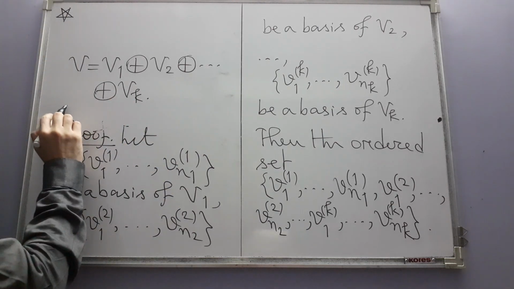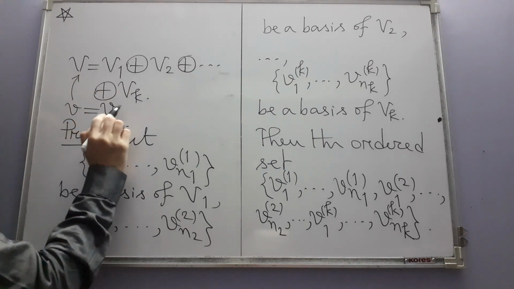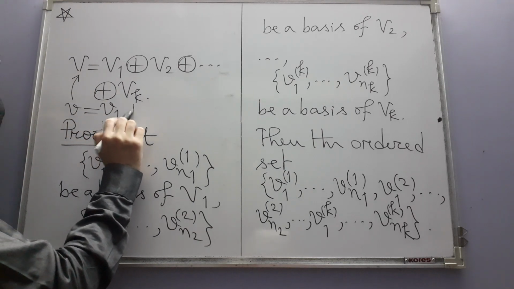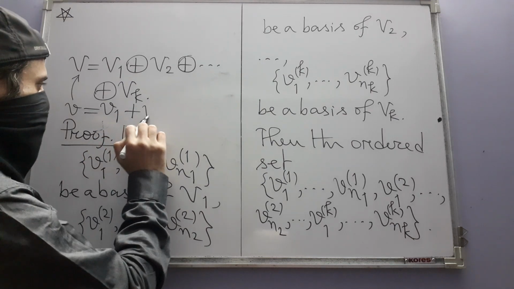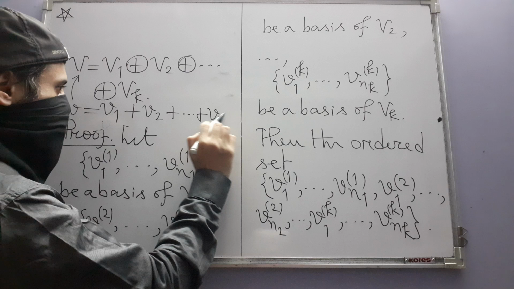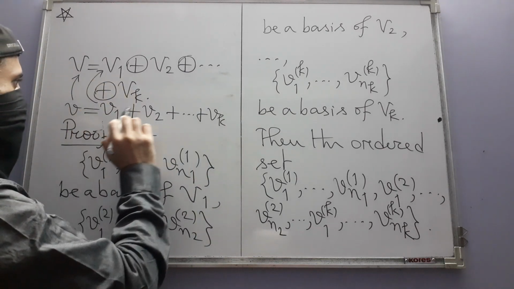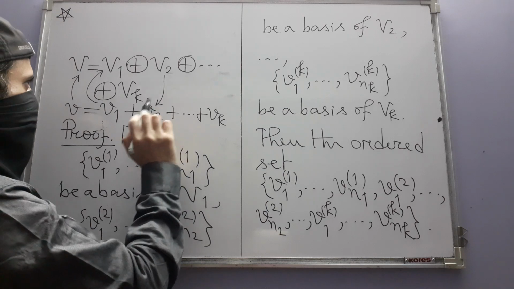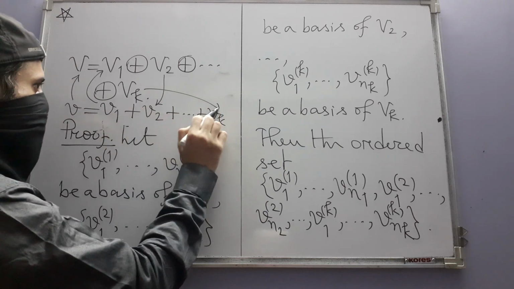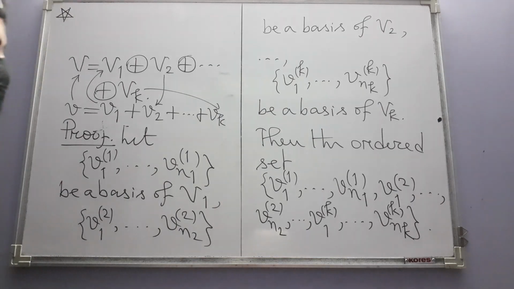One of them is that any vector V in V is expressible as a sum of vectors coming from, this one comes from here, this one comes from here, this one comes from here. It may look a little strange, okay?